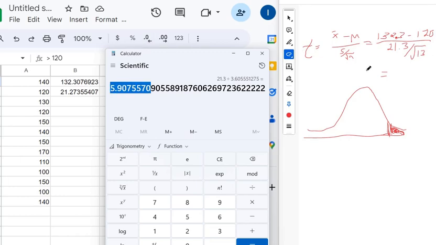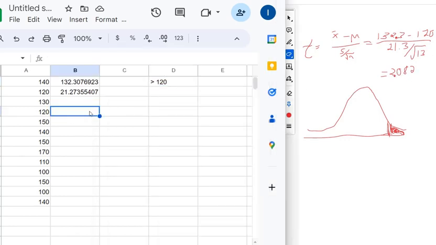This is my denominator. The denominator is 5.9 roughly. So find out my numerator, subtract those two numbers, and then divide by that denominator. So I got 2.082 roughly. Okay, that's my t-value. And that's what I need for the function I'm about to show you in Excel. Just writing that down so I don't lose it.